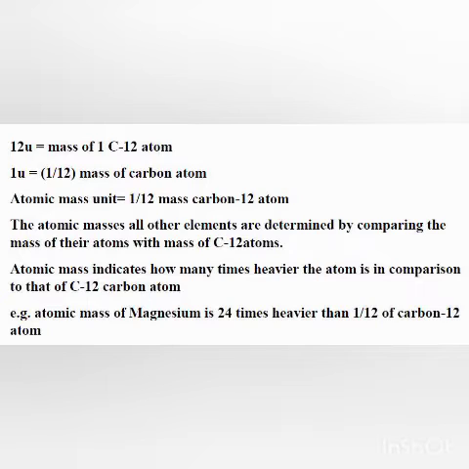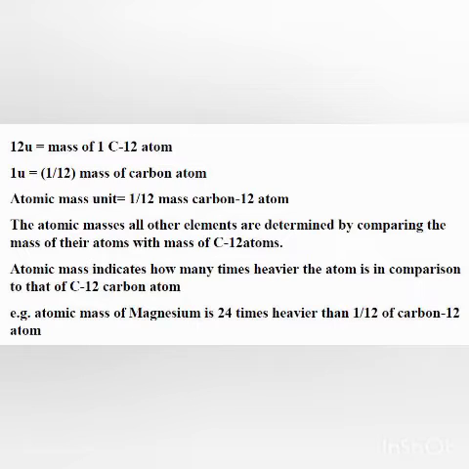So you see here in the slide, the atomic mass of carbon atom is 12 units. That is equal to the mass of one C12 atom, and that C12 atom is taken as a standard atom. So 12 U is atomic mass unit.